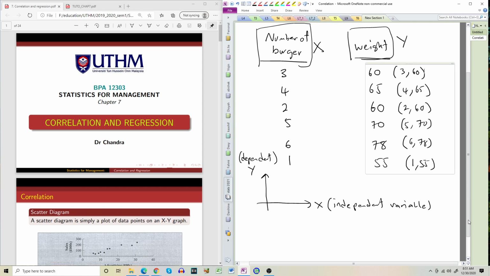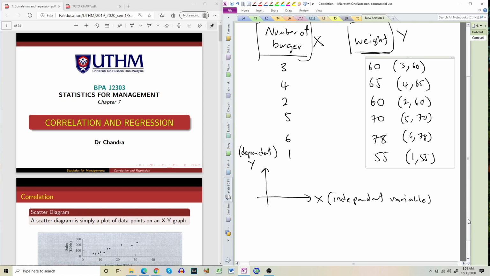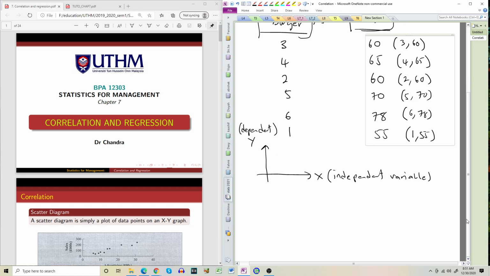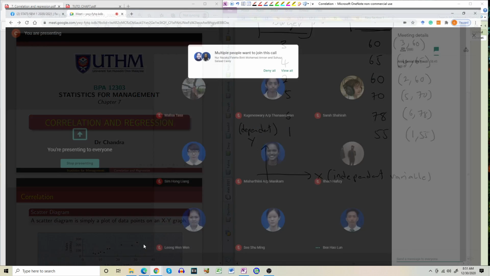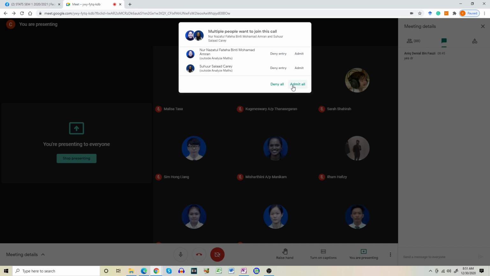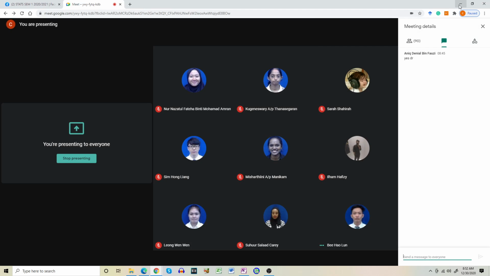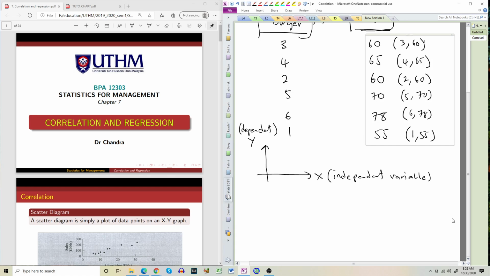So to see the relationship between these two variables, I'm going to go down a little bit and draw this. Let me erase this, I'm going to draw properly.